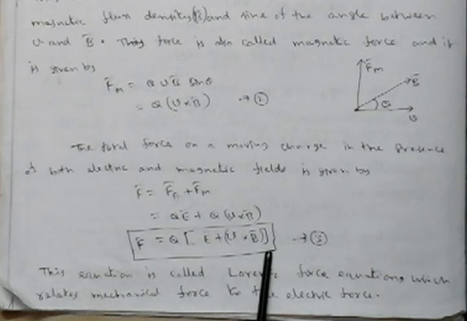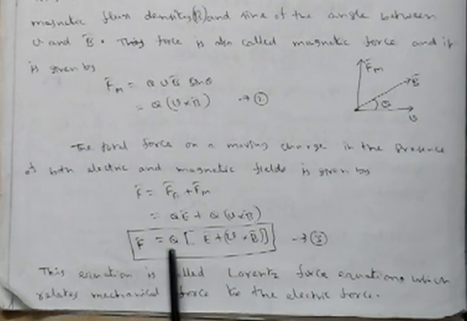Depending on the presence of the electric field or the magnetic field, we need to consider this term or that term. If both are present, then the complete equation is valid for determining the force on the charge placed in the electric field as well as the magnetic field. This equation is called the Lorentz force equation, which relates the mechanical force to the electrical force.